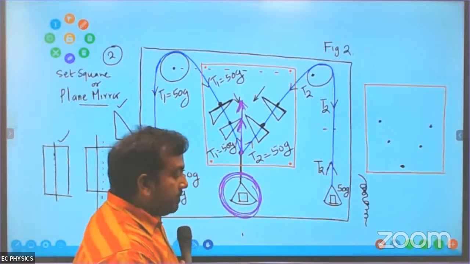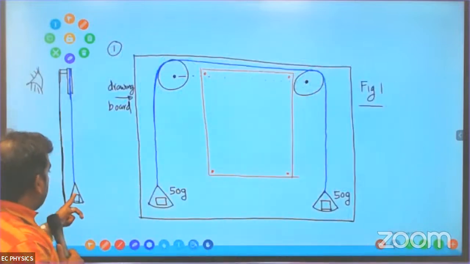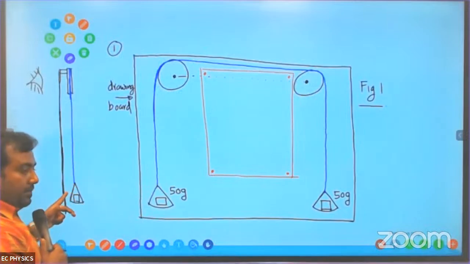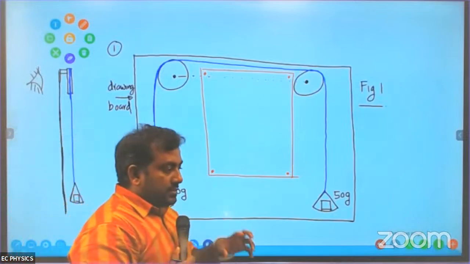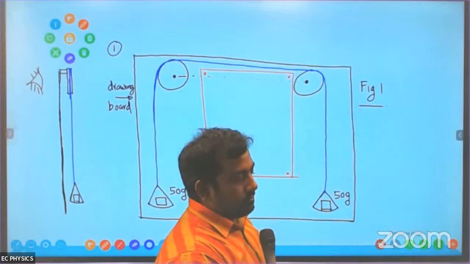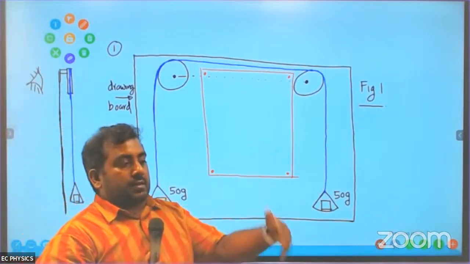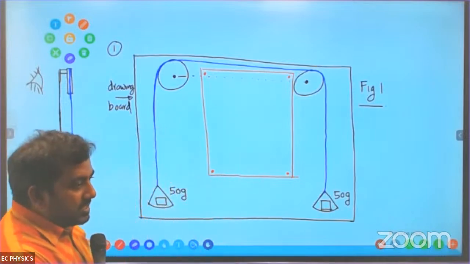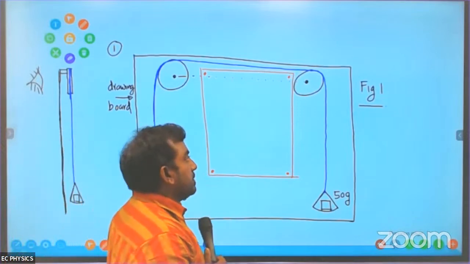Third one, the string or the scale pan might be touching the board, causing additional friction.